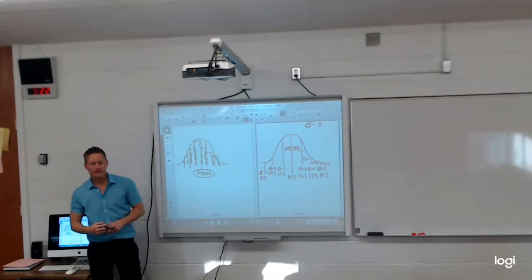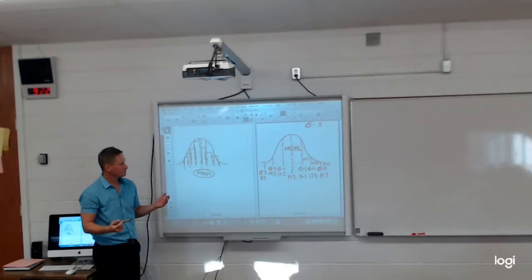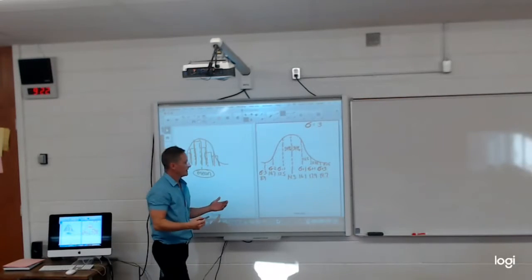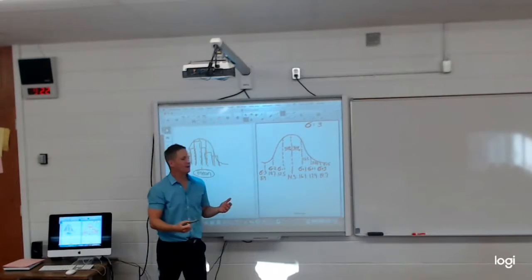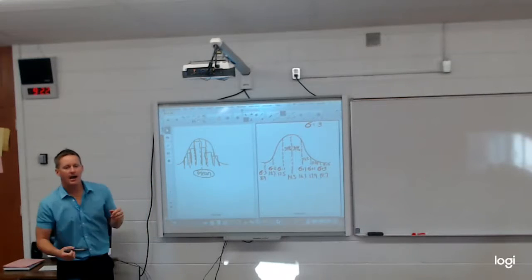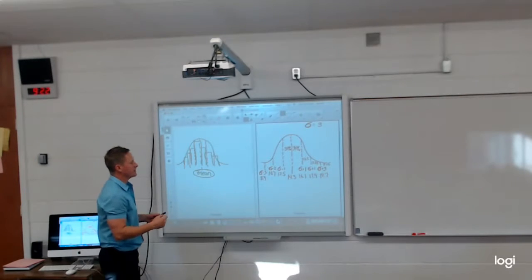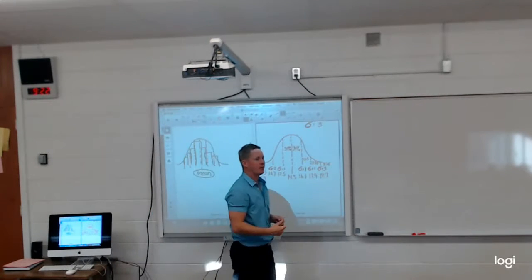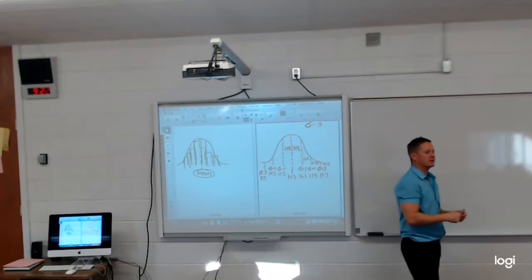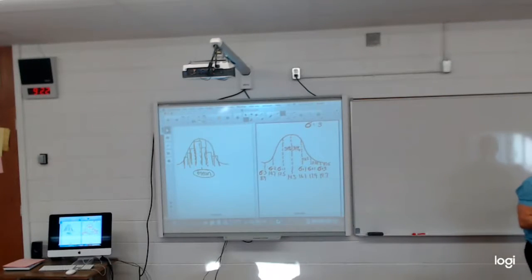Okay? So now, what that says is this. If I asked you, what percentage of Burmese cats are going to live between 14.3 and 16.1 years, you can say 34% of them will.